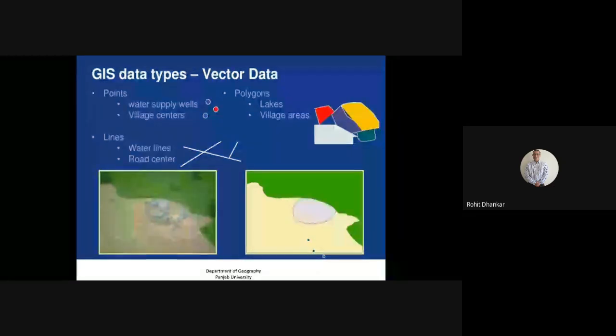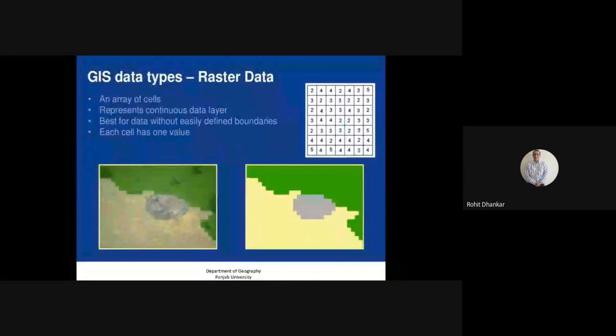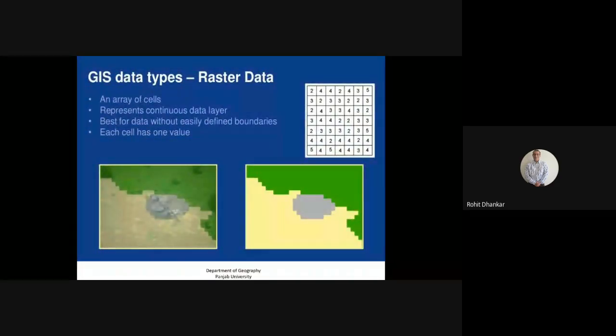Now the other one is raster data. In raster data, each grid cell has a particular value which represents that particular information. On the screen you can see that every green part is given a particular number, let's say 1, and then the village is given a particular number 2, and then the barren land is given a particular number 3.